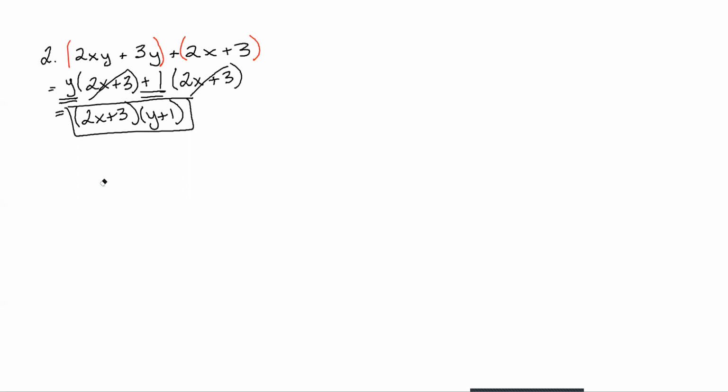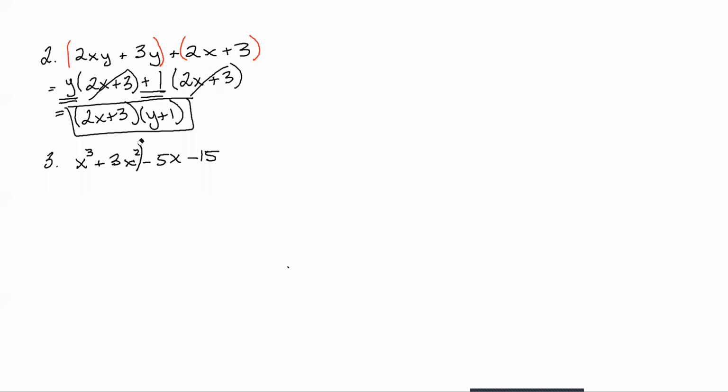All right, let's try a third one here. Let's go ahead and do x cubed plus 3x squared minus 5x minus 15. All right, so this is one where you have to be a little bit more careful with your grouping. And so what we're gonna do is we're still gonna group these first two terms. They're nice and positive.